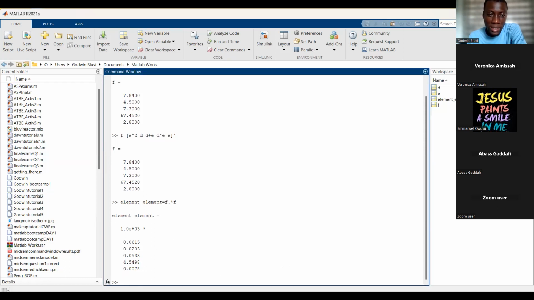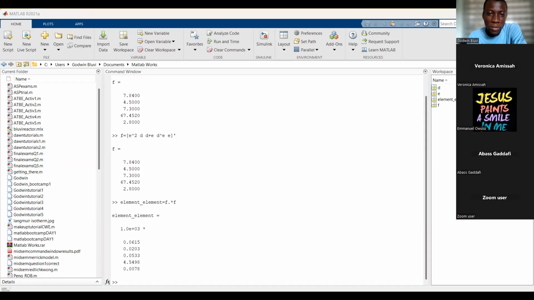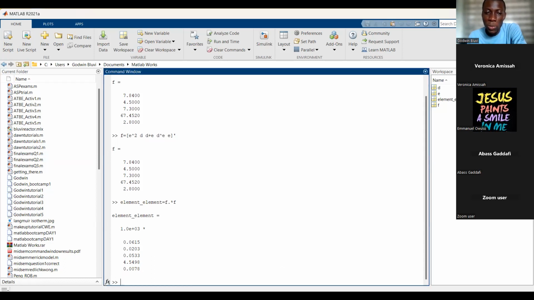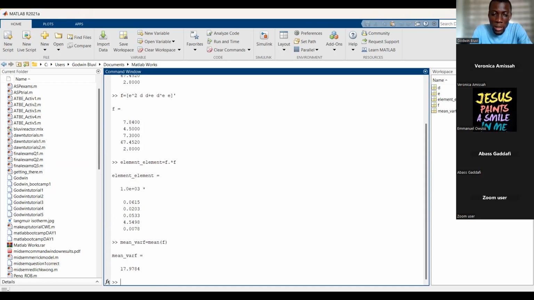The next question says compute the mean of the variable F. So the mean underscore variable F will be equal to what? Mean open bracket F. I think the inbuilt function is mean, right? Yeah, we are here.